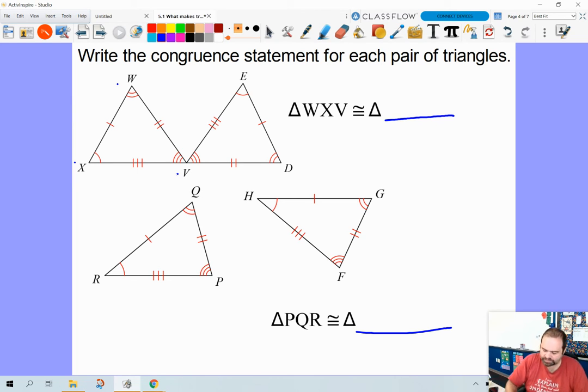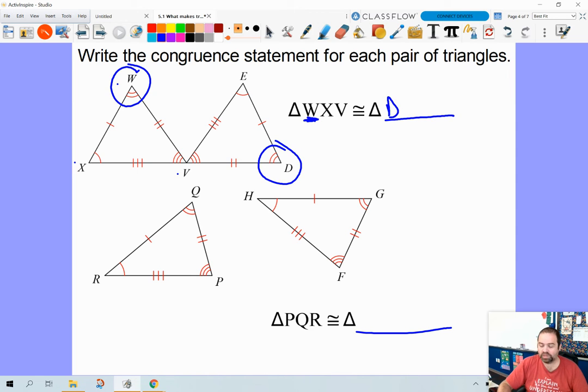If you look at how this one is named, it starts triangle WXV. So I'm going to find W here. Angle W, you see how it has the 2 little marks on it? That angle W matches up with angle D over in the other triangle. So when I start naming the second triangle, I have to make sure that the first letter I put down matches up with W from the first triangle.